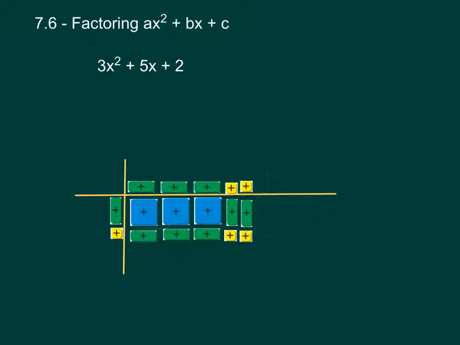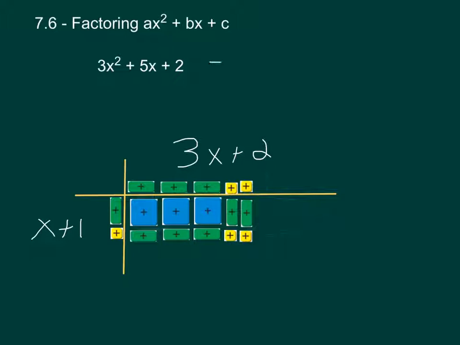A quick double check will show that these 2 binomials would multiply together to get 3x squared plus 5x plus 2. The one on top translates to 3x plus 2, and the one on the side is x plus 1.